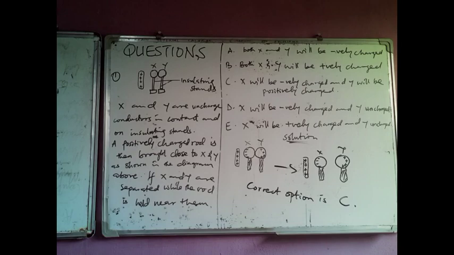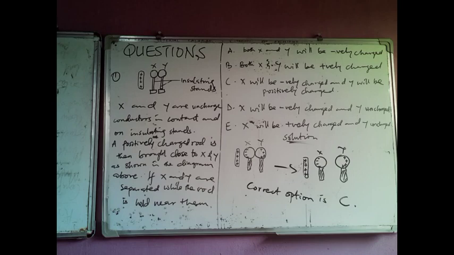There are plenty of questions to consider under this. Now we have another question. A question says, in the process of electrification by induction, the amount of induced charge in relation to the inducing charge is: A, same in sign and quantity.